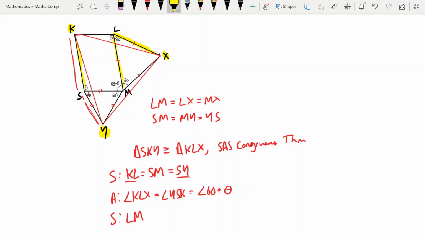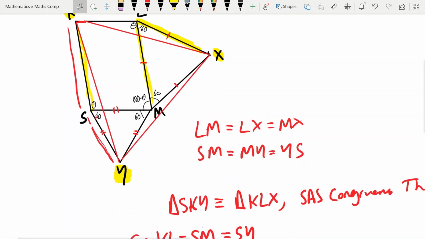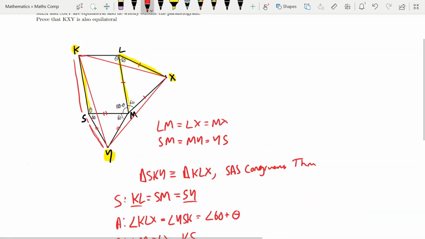So therefore, LM equals LX equals KS, and therefore we've proven these two triangles here are congruent. Therefore, KY equals KX. So we know this side here is equal to this side.